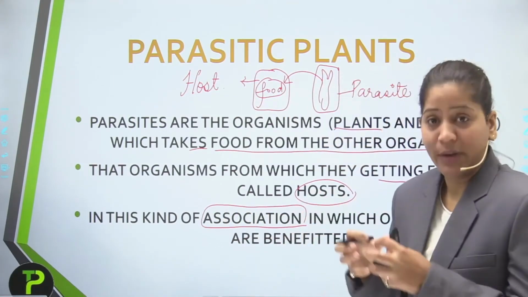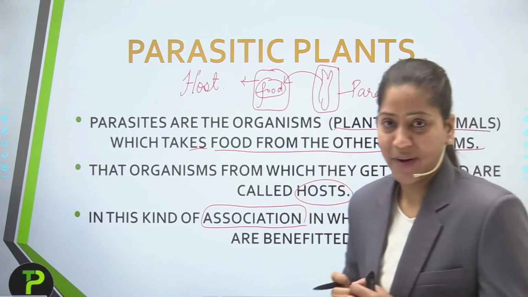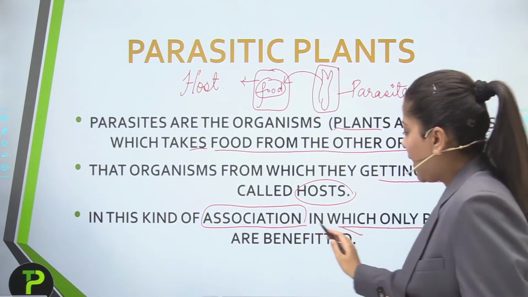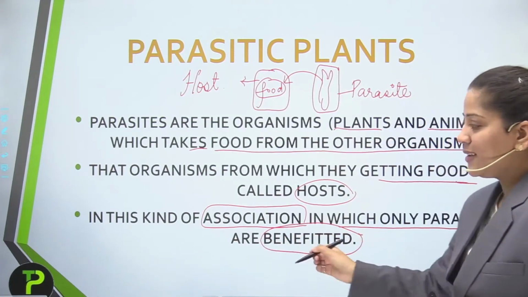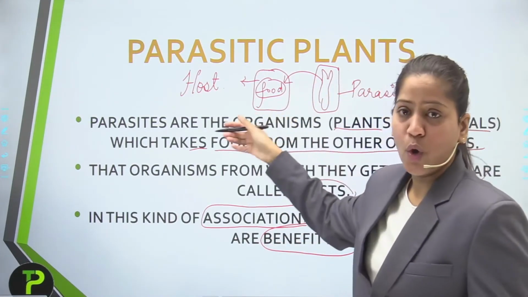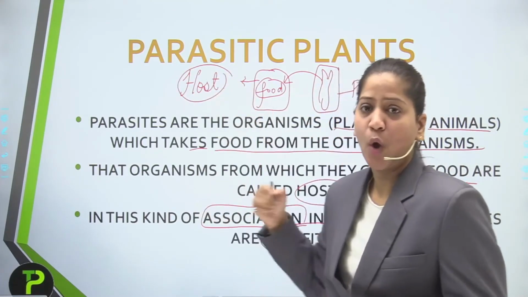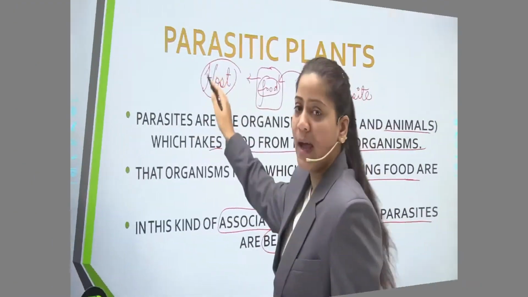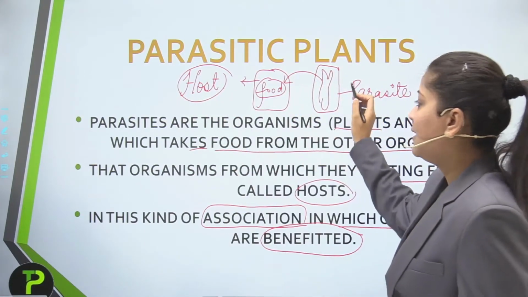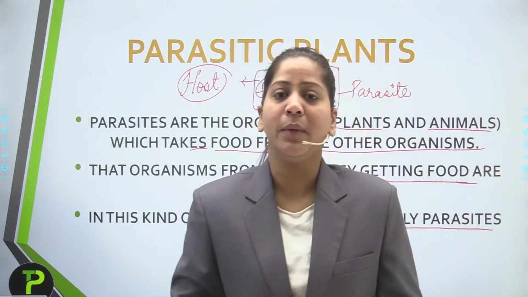In this kind of relationship in which host and parasite are both present, only the parasite is benefited. This line clearly shows that if the parasite is eating food from the host, the host will die or get no benefit, but obviously the parasite will get food and nutrients, so it will be benefited.